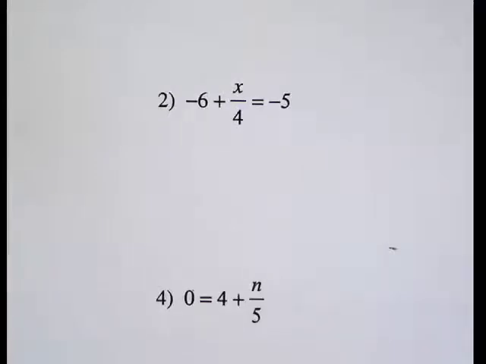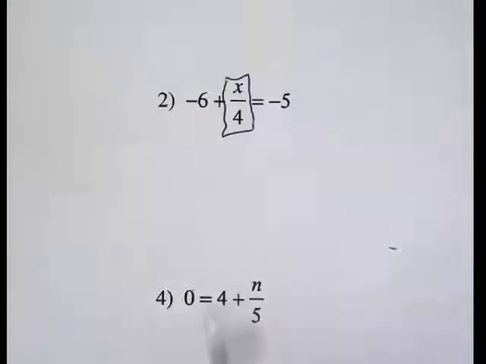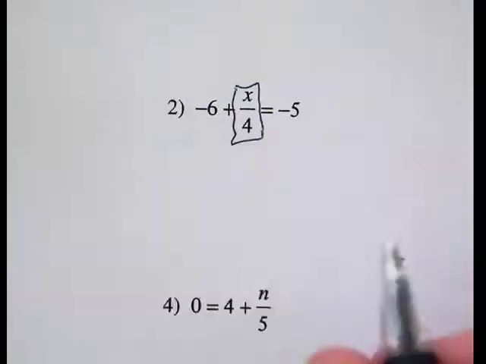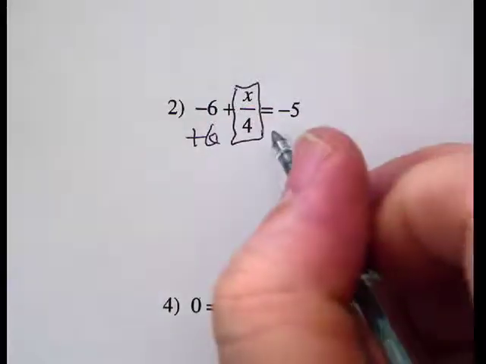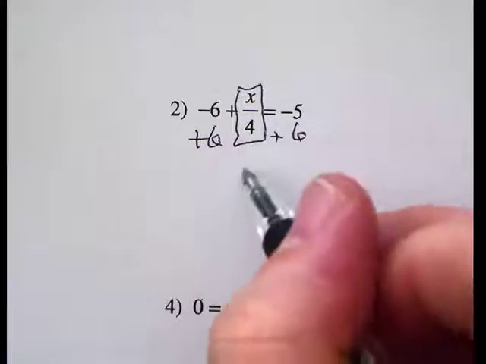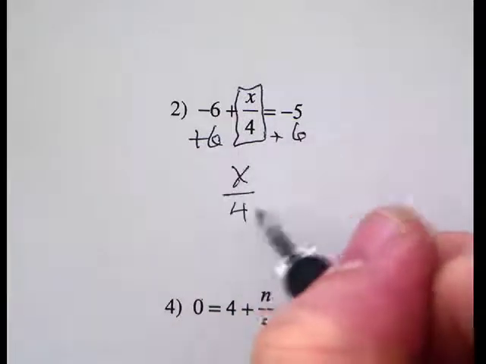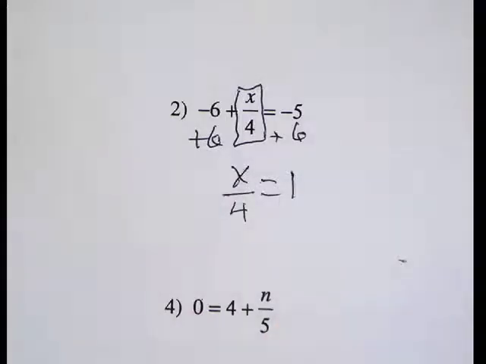So if we move on to 2, we also see a fraction here, so we need to get the fraction alone. We have a negative 6. How do we clear that out? We do the opposite, so we have plus 6, and we're left with 0 plus the fraction, which is x over 4, equals negative 5 plus 6 is 1.